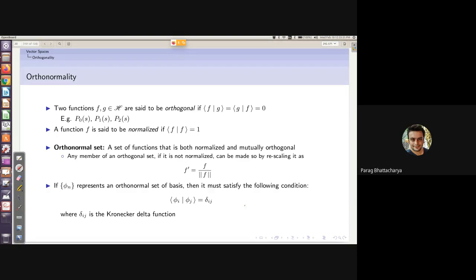You remember what the Kronecker delta function is, right? It can take two values, either 0 or 1. It will take 0 if i is not equal to j, and it will take the value 1 if i is equal to j. So that's your Kronecker delta function.